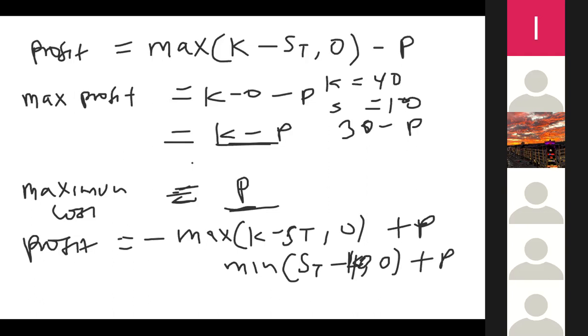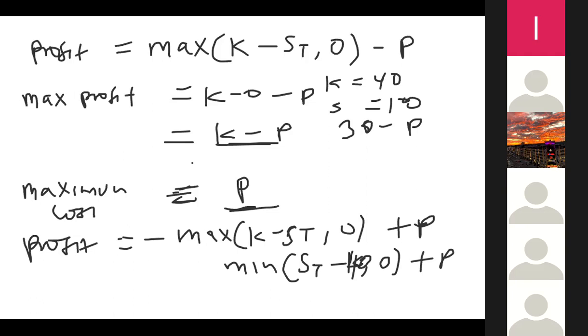Okay, so that means ST minus 40. We said we should always pick the minimum, and the minimum occurs only when the stock price is above 40. Because if the stock price is above 40, it is no more minimum, we pick 0. The stock price can reduce until it gets to 0.